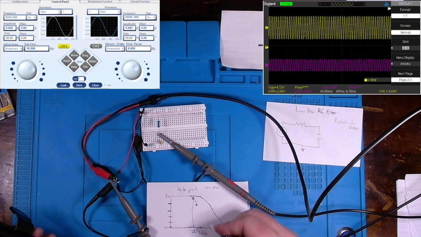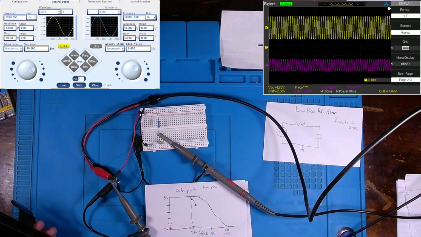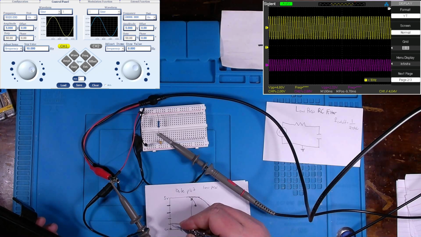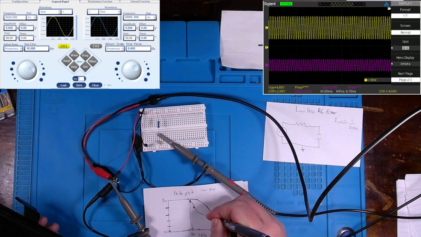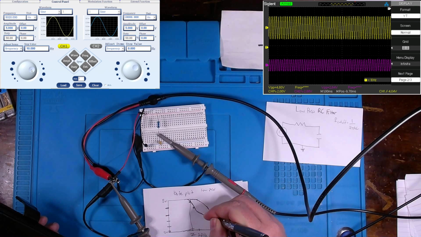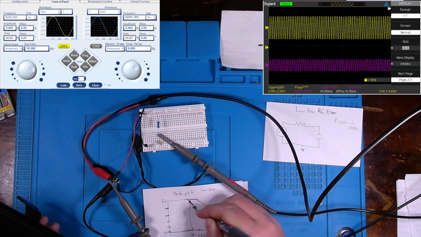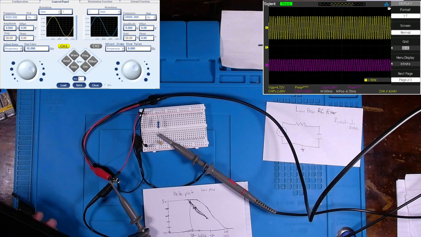We're at 5K, and at 5K we are at 2.5 volts. Boom. So we're kind of seeing this. It's not straight. Need to put this right here, but we're seeing this kind of come down like this.